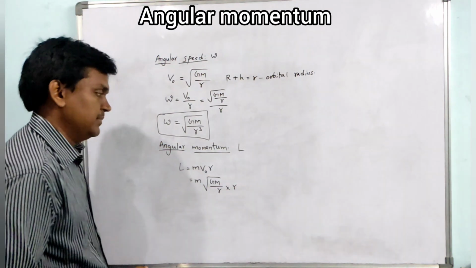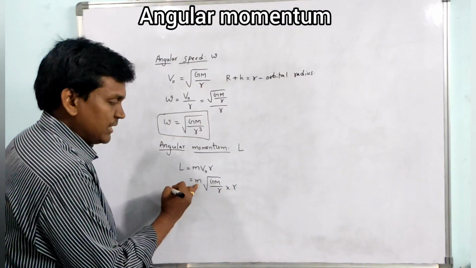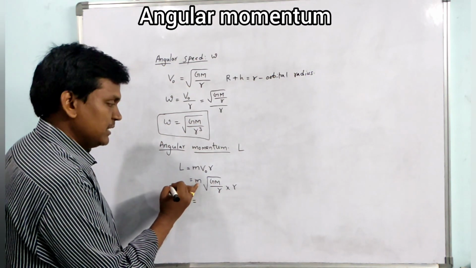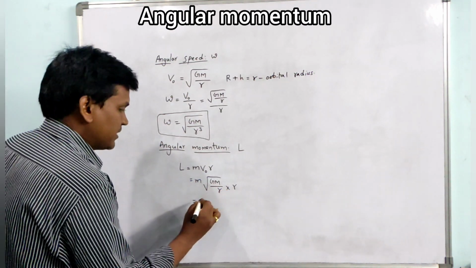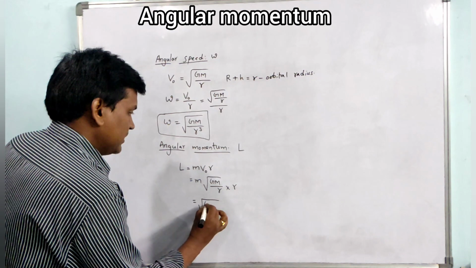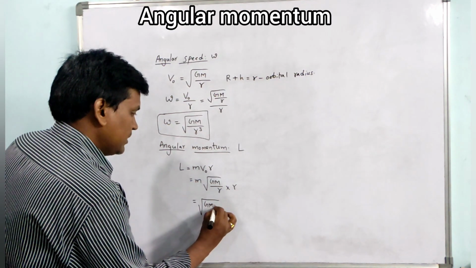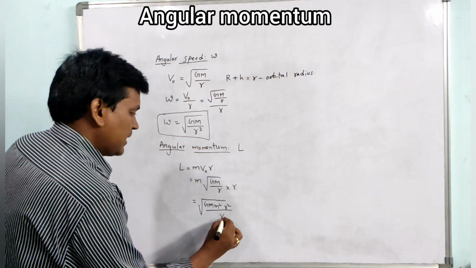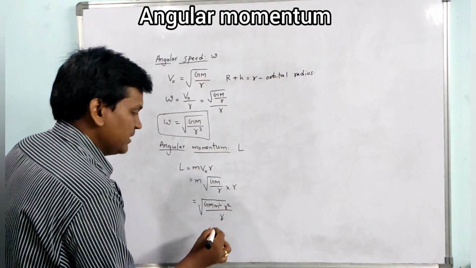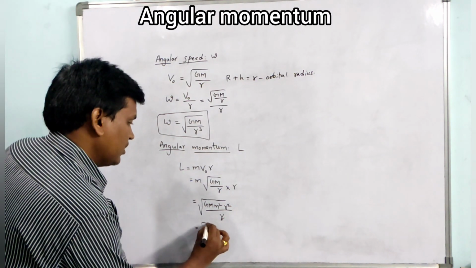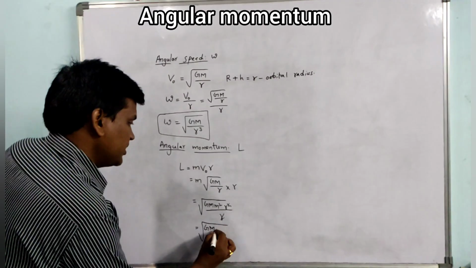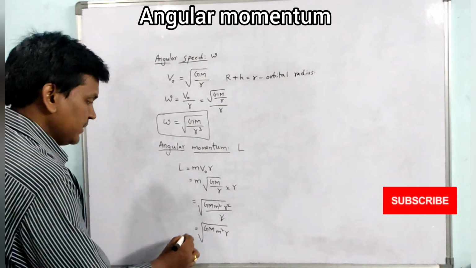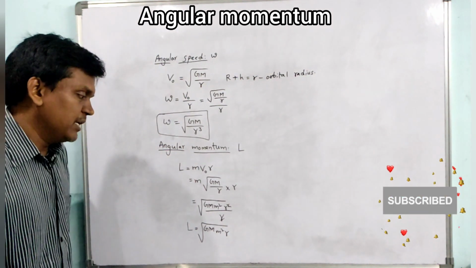If you bring this m and r into the root, this will become m squared and this will become r squared. So we will get root over G M m squared r squared by r. Now cancel this r and r, we will get root over GM m squared r. So this is the angular momentum.